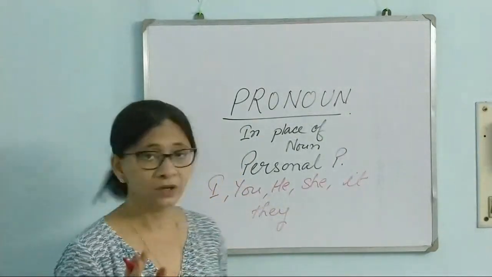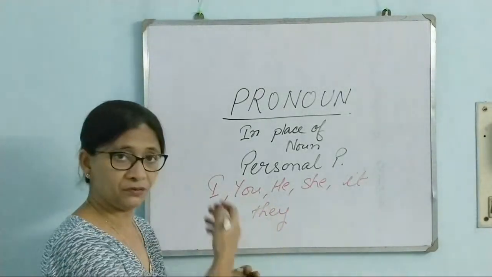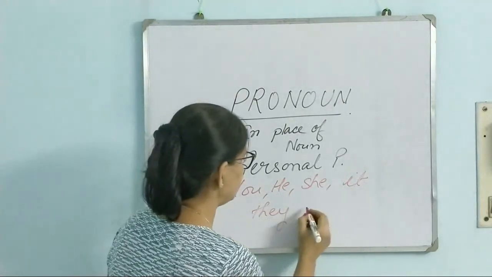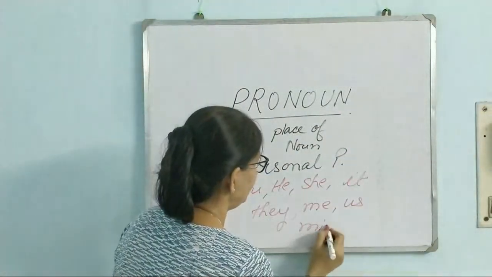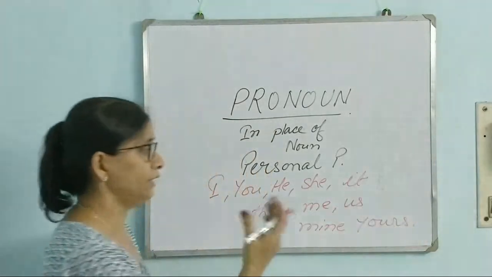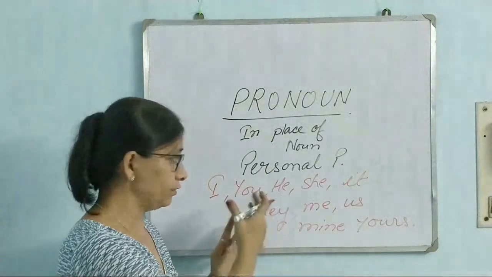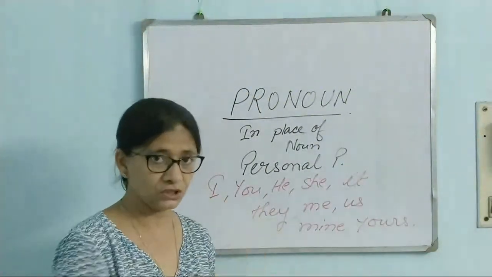Have I written all? These are the personal pronouns, and also the different phases of these pronouns like me, us, mine, yours, and there are few more of them which relate to these words only. We shall see all of them just in a while.